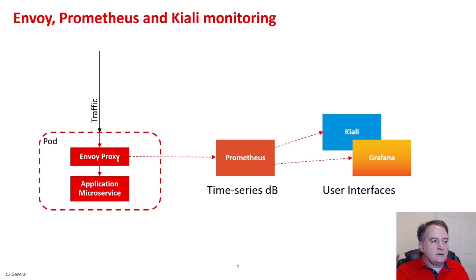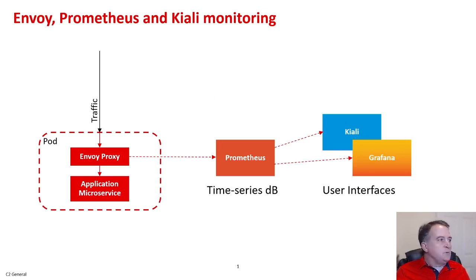So it's creating metrics of that traffic, which it sends to Prometheus, which is a time series database. Actually, technically, Prometheus scrapes it from the proxy, and then you can have other interfaces, like Kiali, or often you build dashboards using something like Grafana to show this observability data to your operators.